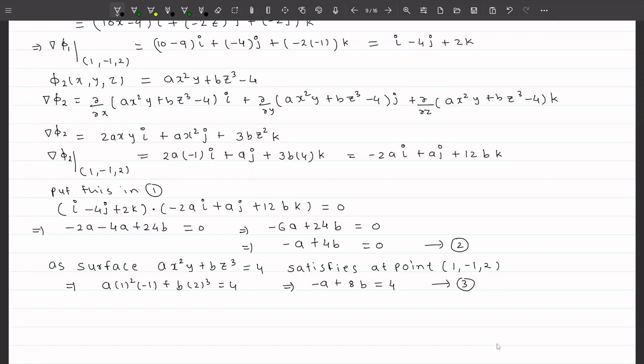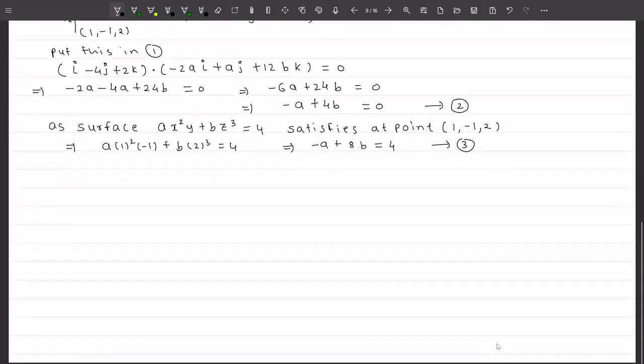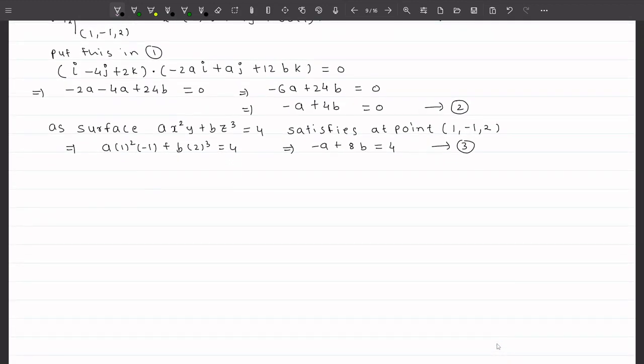Now we need to solve equations 2 and 3 simultaneously so that we will get the values of a and b. So add or subtract. Now subtract equation 2 from 3, right?